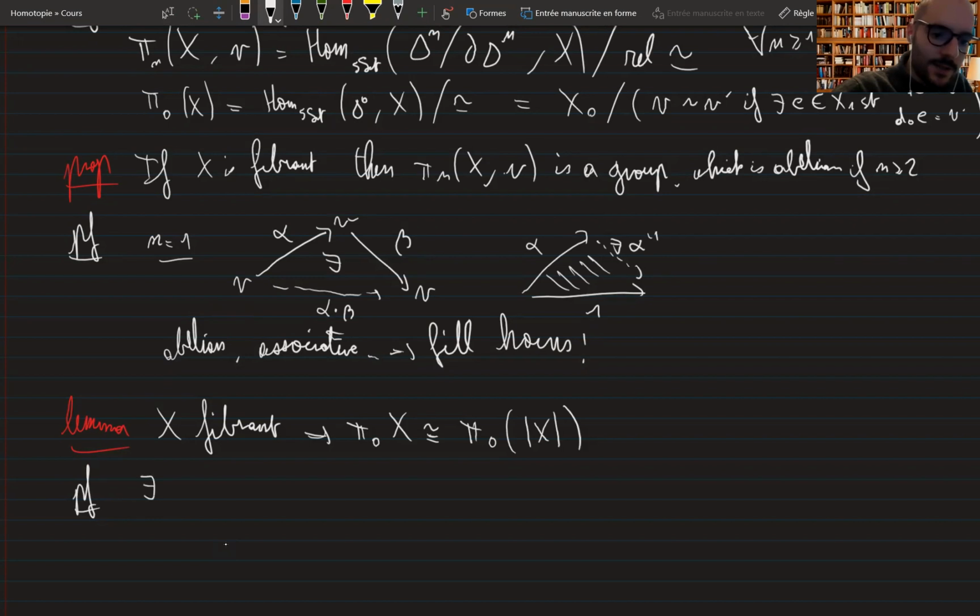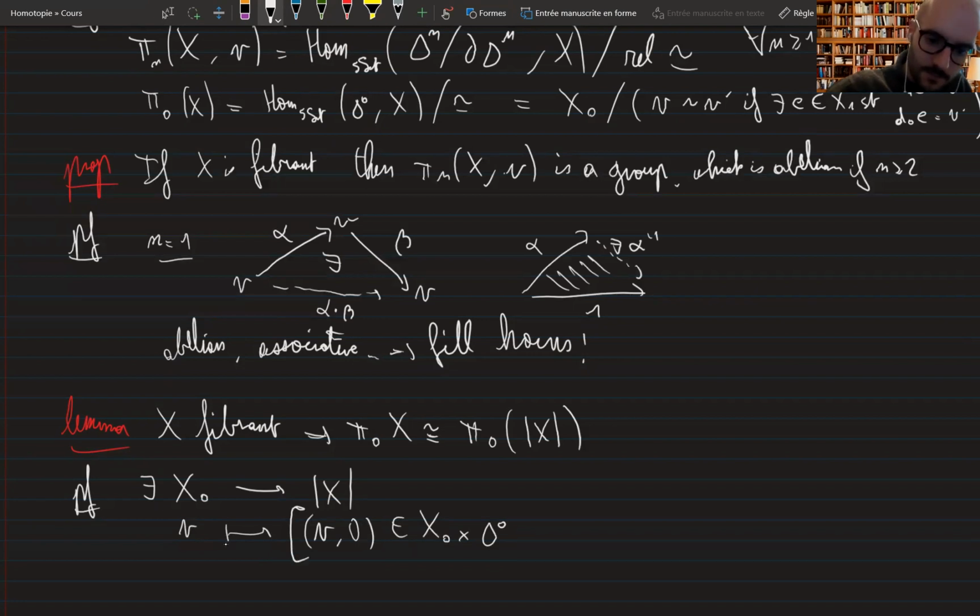There exists a map from X_0 to the geometric realization of X, which sends a vertex v to the class of v in X_0 × Δ^0, seen as something inside the geometric realization.